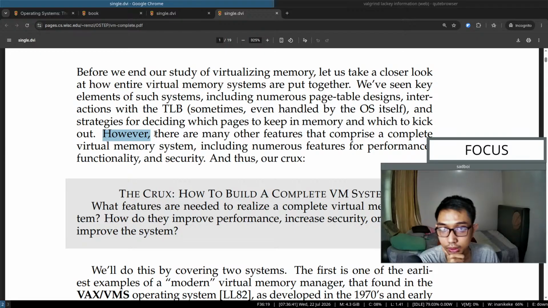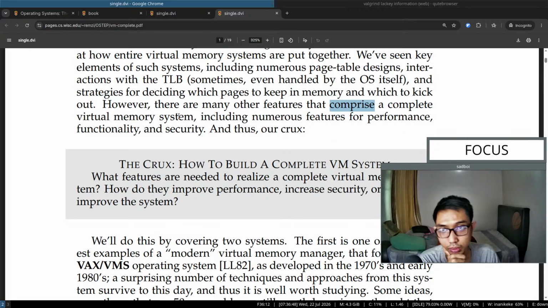However, there are many other features that comprise a complete virtual memory system, including numerous features for performance, functionality, and security. And those are the crux.